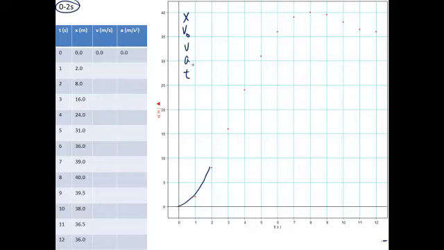Our final position after 2 seconds is 8 meters. Our initial velocity is 0 meters per second, that's what we're assuming. Our final velocity, we don't know. Our acceleration we're looking for, and we know this is going to end after 2 seconds.